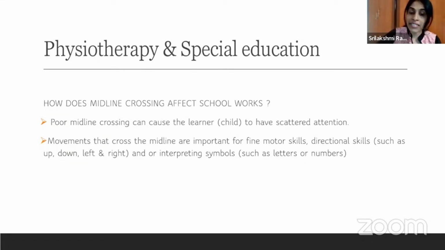Movements that cross the midline are important for fine motor skills, directional skills, and for interpreting symbols, like identifying letters and numbers. It helps avoid confusion between letters like B and D, which often happens.